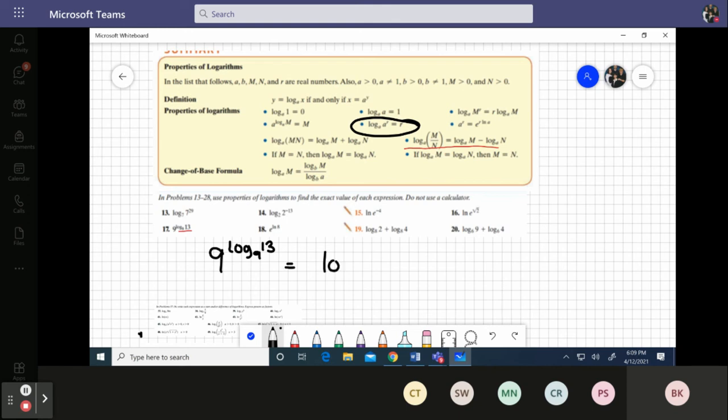So I'm going to say log base 9 of x is equal to log base 9 of 13. Those log 9's cancel each other out, and I get left with x is equal to 13.